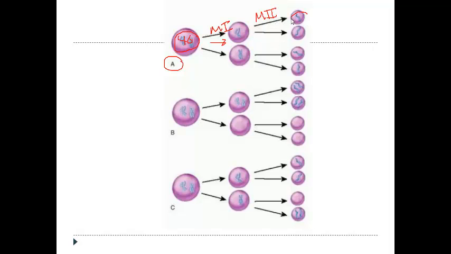And we end up with these haploid cells with the proper amount of chromosomes or genetic information in them. Each has 23, so we'll call those haploid because they don't have that original diploid number.